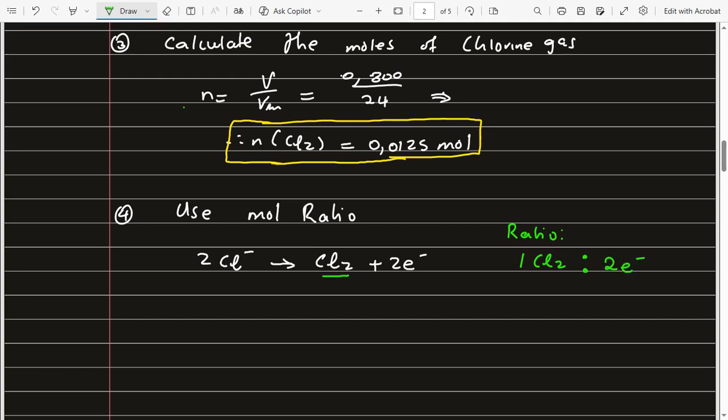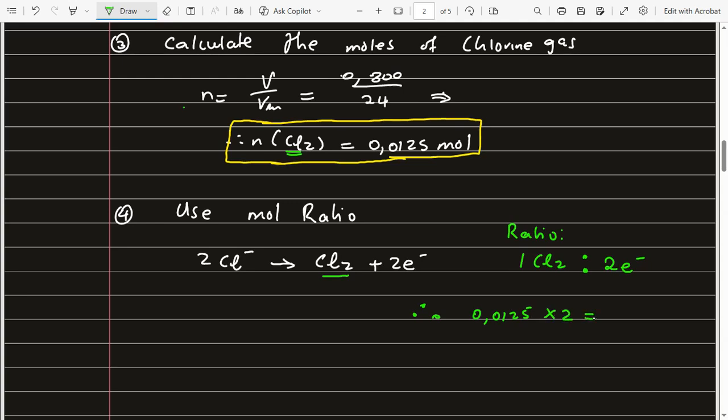So to find the number of electrons for that chlorine, I already have the number of moles for that chlorine, which is 0.0125. I need to multiply that by the 2, according to mole ratio.